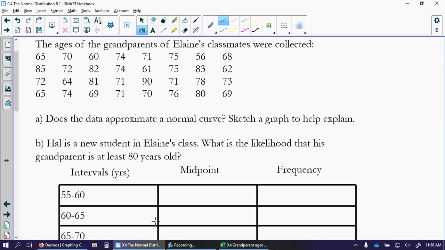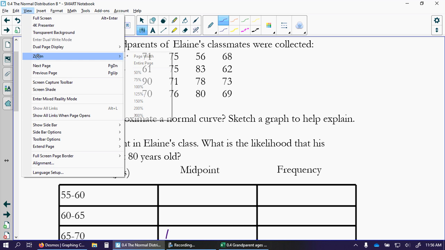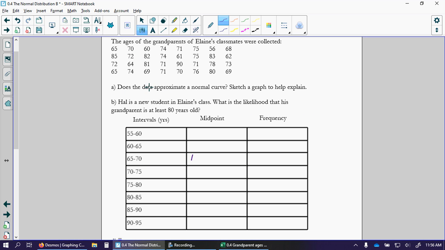So 65 is going to be down here. I need to zoom out a little bit so I can see more of it.